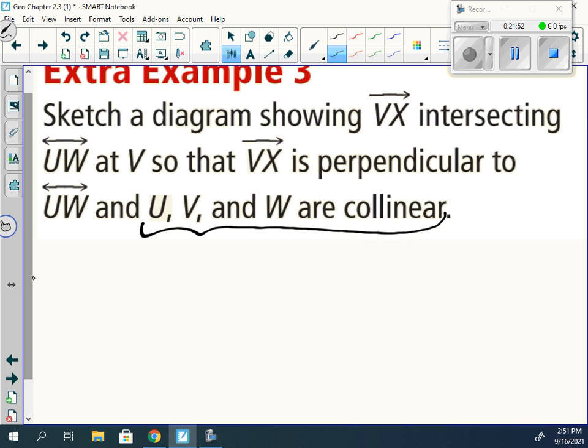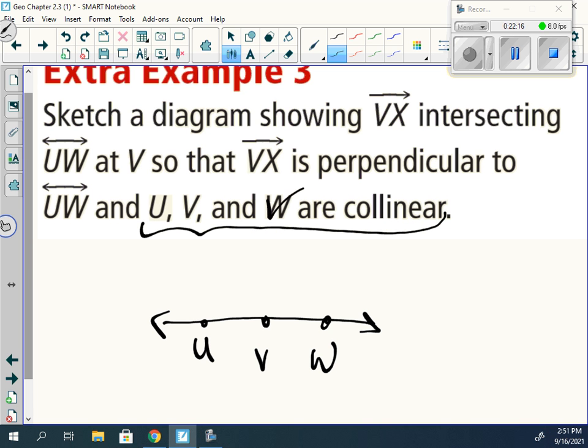If these are collinear, it means they're on the same line. So really we have a line with U, V, and W. Because we know V is going to be between U and W, most likely.